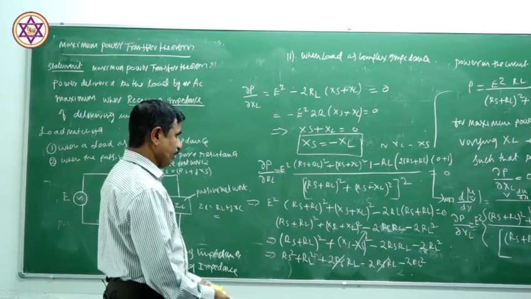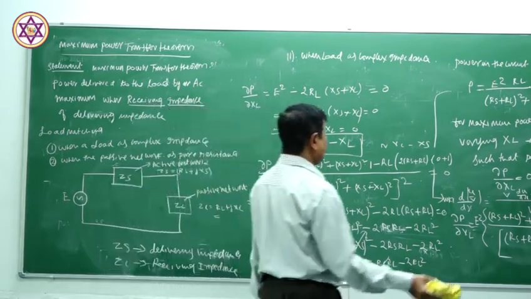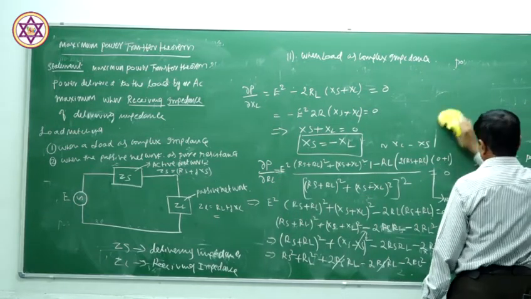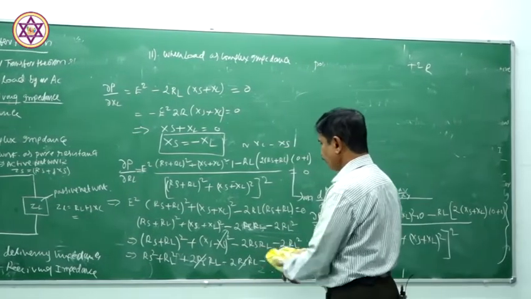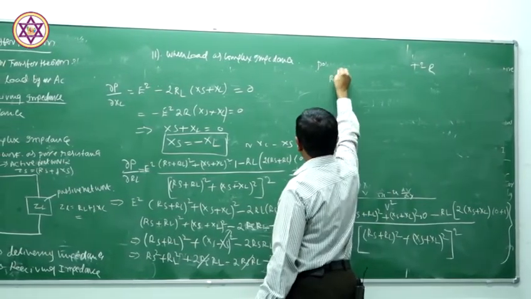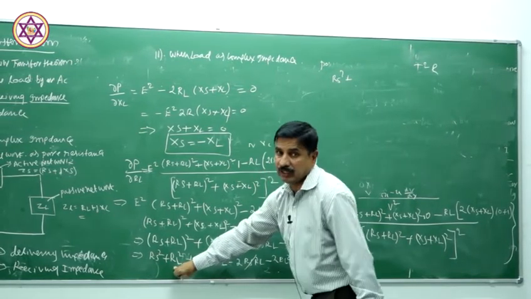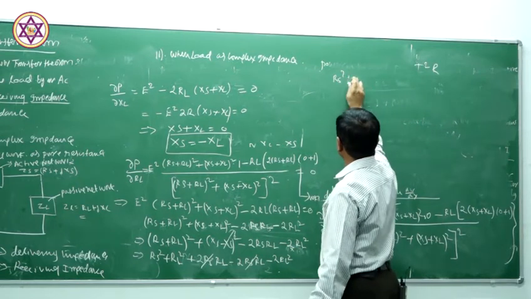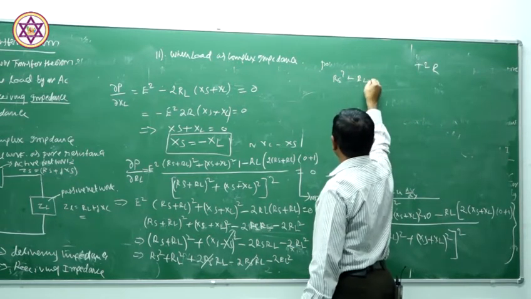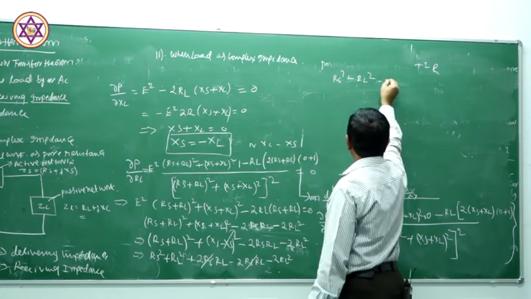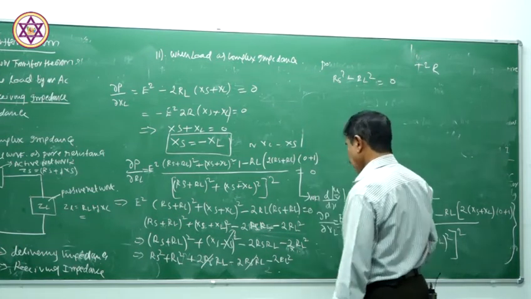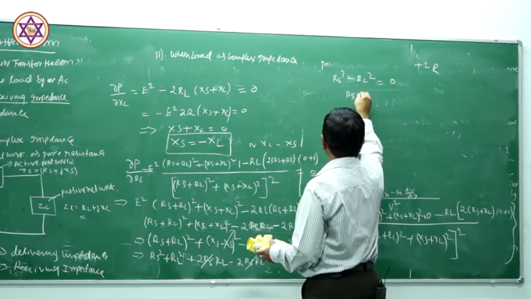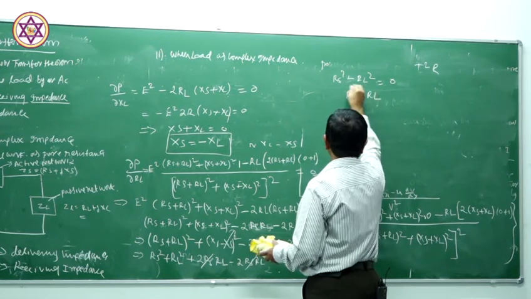Ultimately I am left with RS square, here RL square, here minus 2RL square. Therefore, I will get RS square minus RL square is equal to 0. This indicates RS is equal to RL.